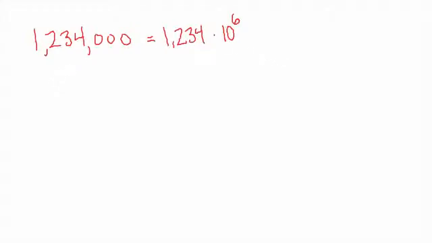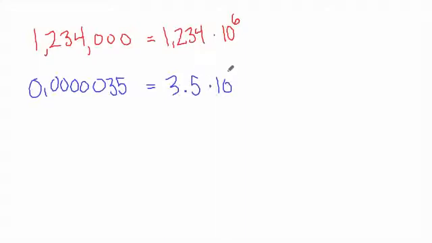Let's do a really small number. Let's say that I had something like 0.00000035. You can see how annoying it would be to write that all day. So what we're going to do is write it as 3.5 times 10 to the minus something, and that's going to be a lot nicer to write over and over again.